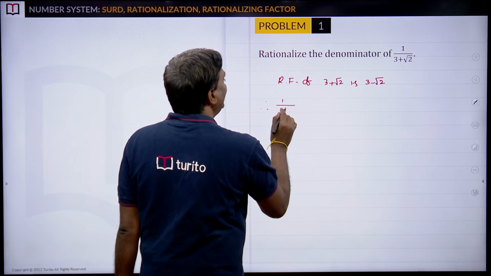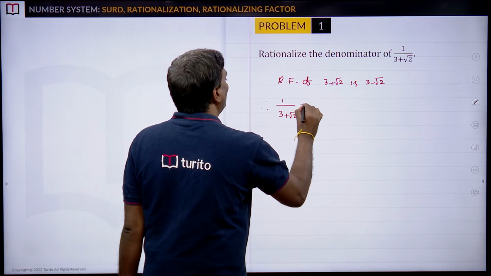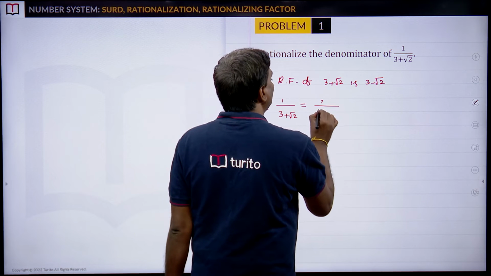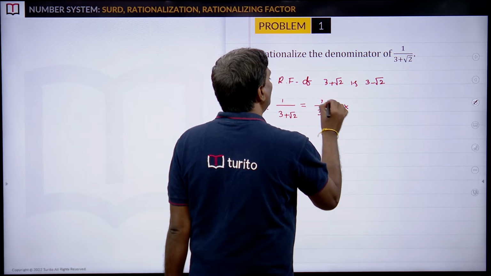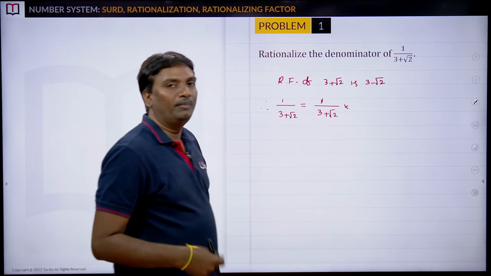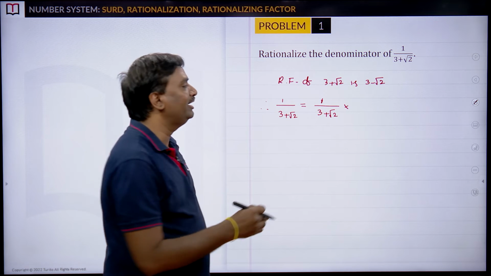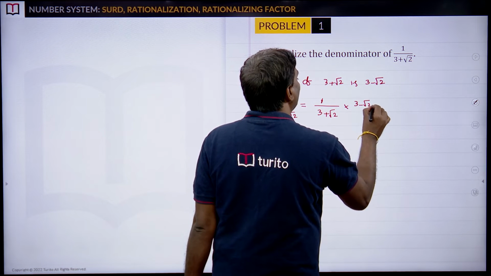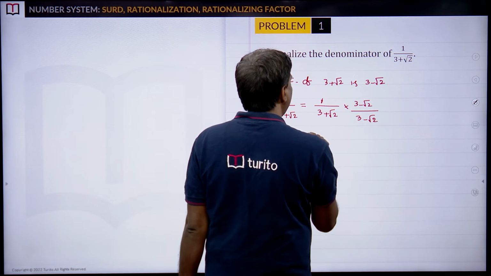Therefore, 1 by 3 plus root 2 equals 1 by 3 plus root 2 into, by multiplying the numerator and denominator by 3 minus root 2, 3 minus root 2 by 3 minus root 2.